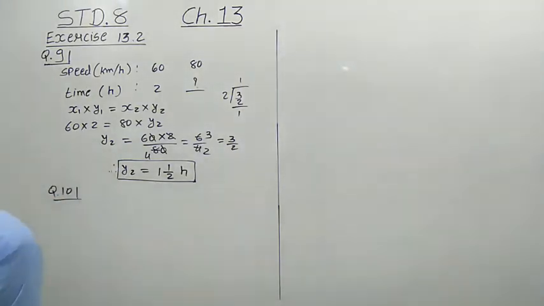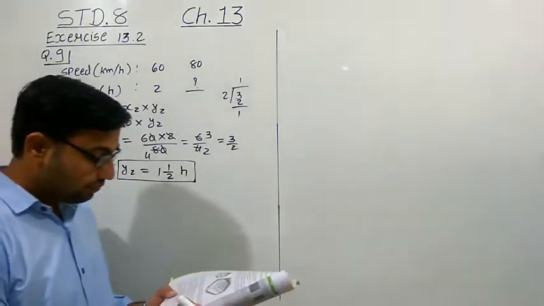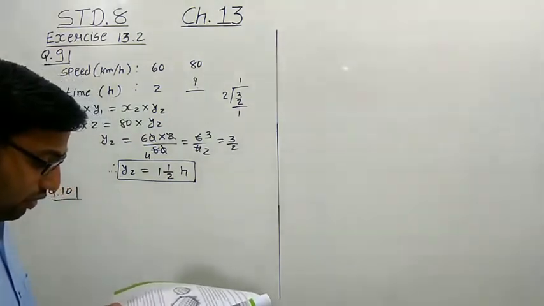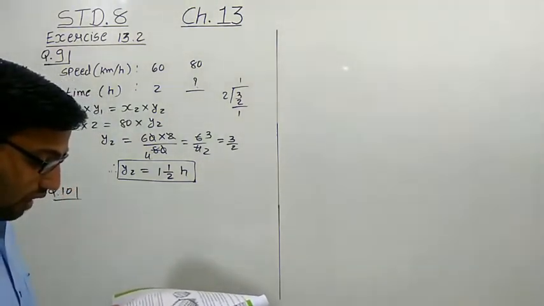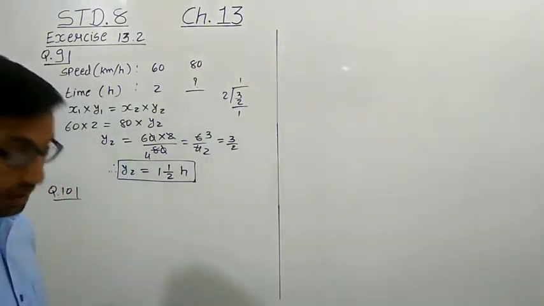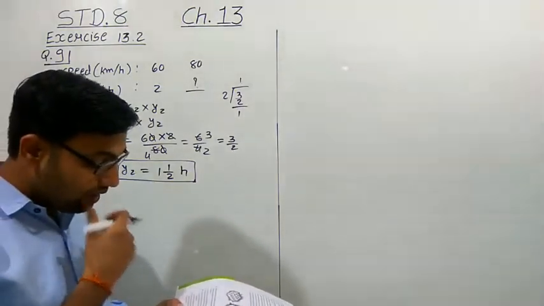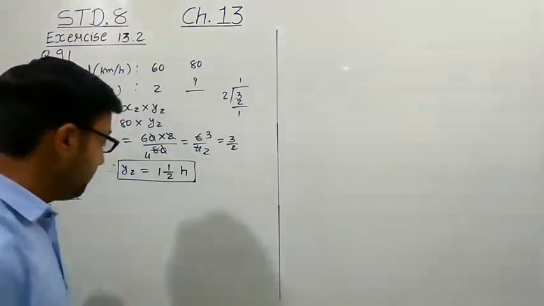Question number 10 is: two persons could fit a new window in a house in 3 days. So here two quantities are given, number of persons and number of days.